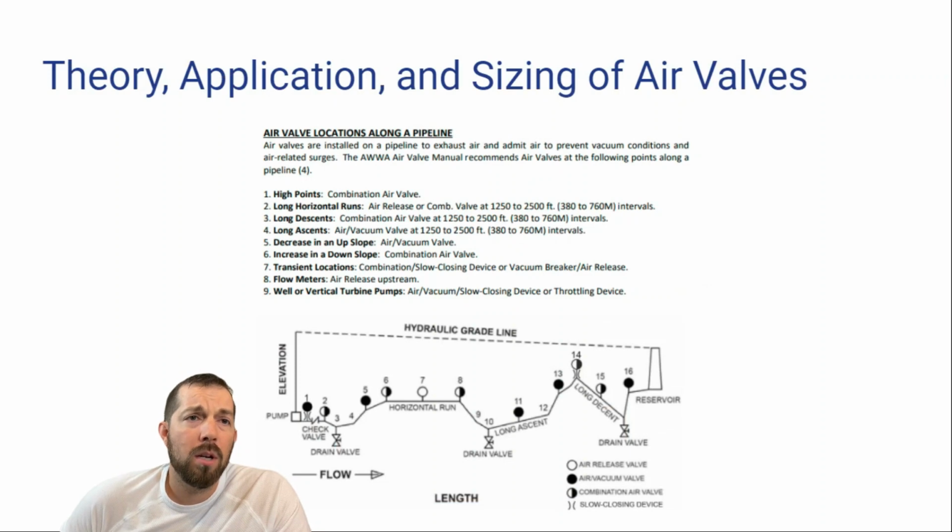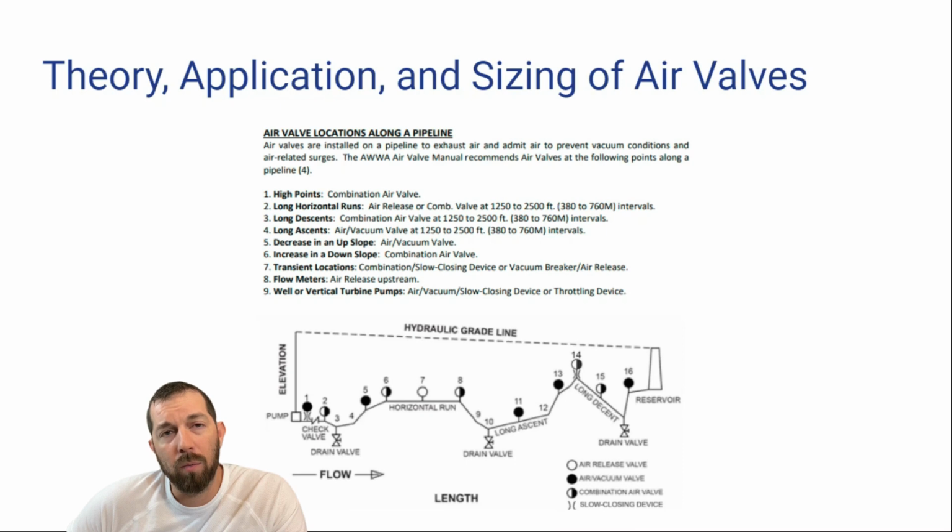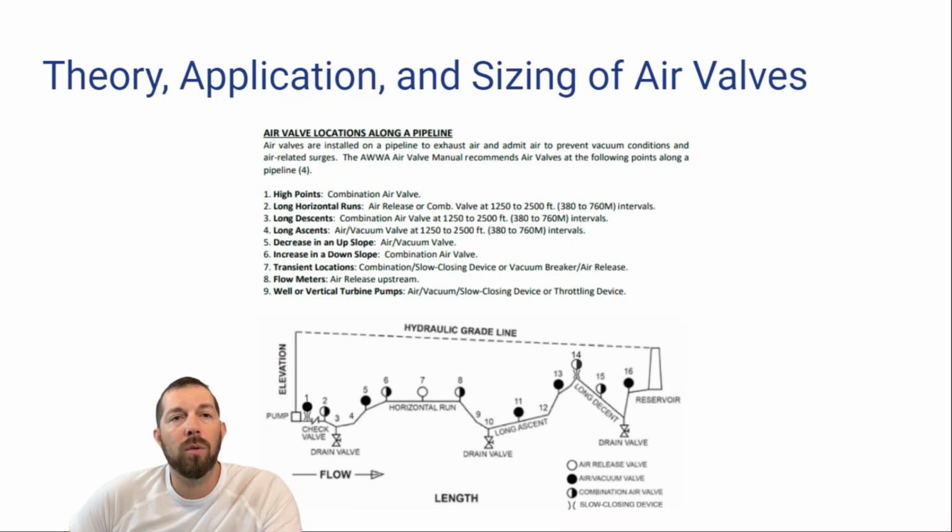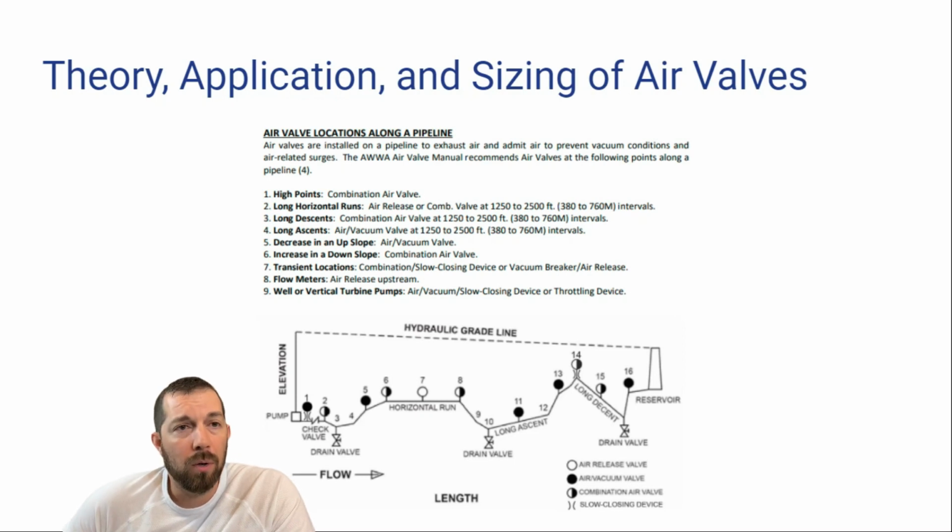Theory, application, and sizing of air valves, going a little further into it here. This is a white paper, and with the white paper mentioned, I will reference the link in the description below as well, so you guys can find this. This is a good thing to look at.